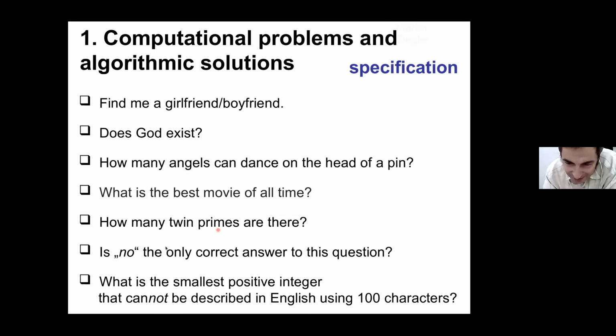What I most like in this list are the last two. These last two problems pertain to the diffuseness of language, if you want.